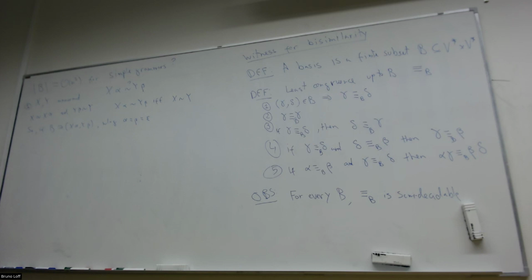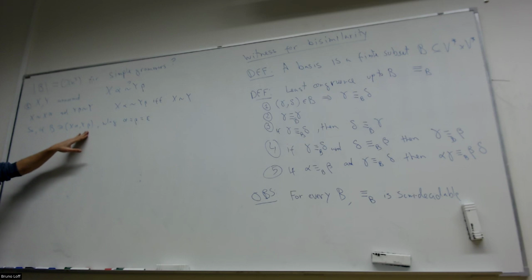So this is kind of the goal, to show that this is at most n squared. It can have 0, if x and y are not bisimilar. But this already tells you that whatever my basis is at the end of the algorithm, if x and y are bisimilar, then it will have the pair xy, and if x and y are not bisimilar, then it will have no pair of the form x alpha, y beta.